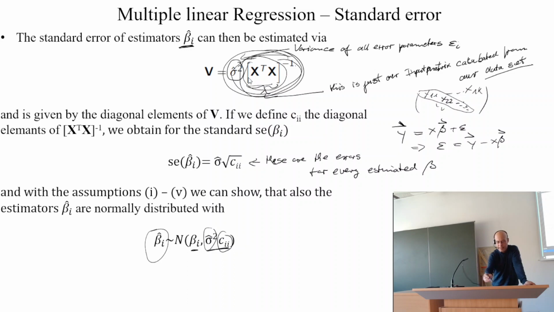And therefore we see that this inverted matrix, X transpose times X, is more or less the central point of our regression.